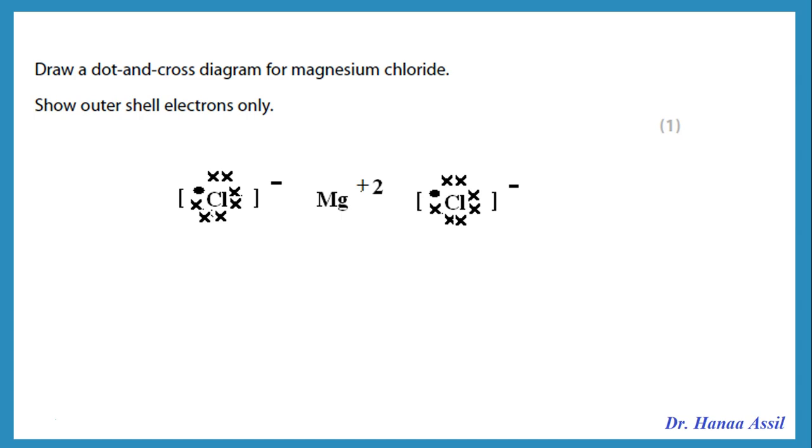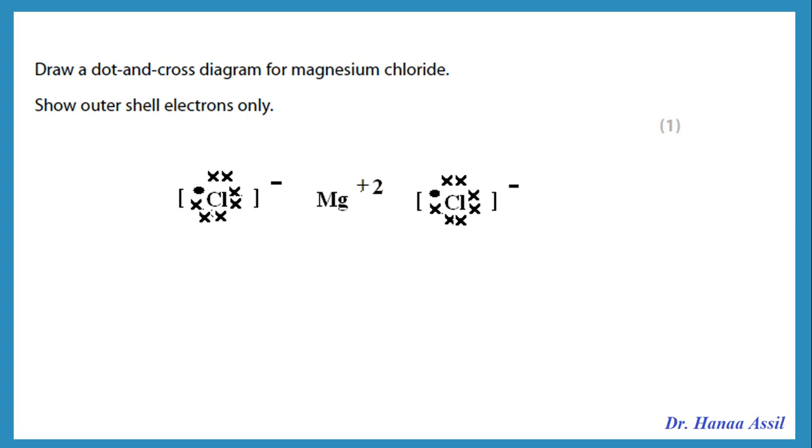We have chlorine atoms. Each chlorine atom has 7 electrons in its outermost shell. So each chlorine atom needs only 1 more electron to have a full outer shell. So we need 2 chlorines to take the 2 electrons that were given up by the magnesium. Of course, do not forget to write the electrons around the chlorine. 7 of them belong to the chlorine and the 8th is the one from the magnesium.